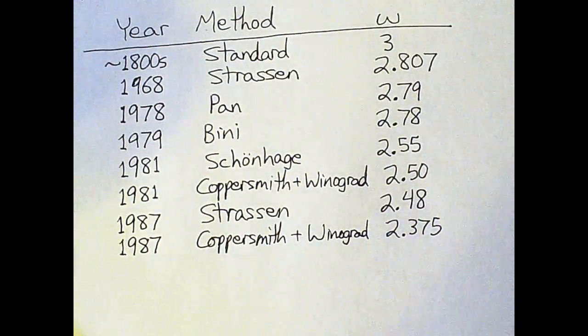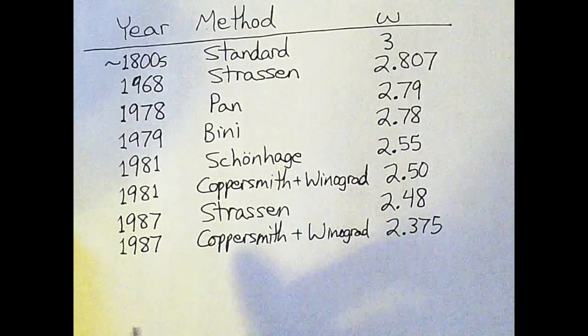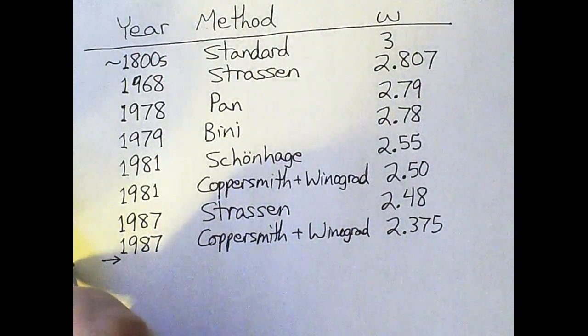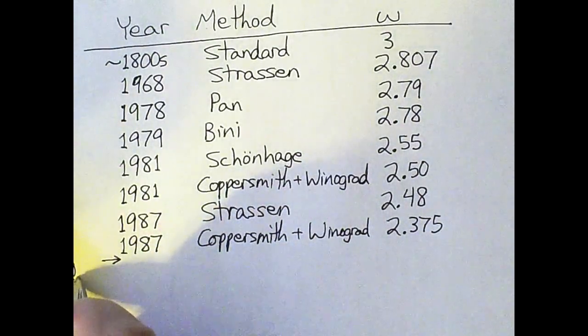This Coppersmith and Vinograd algorithm was considered to be the best for a long time. And what I'm going to show you next is that there is a big jump in time. Big jump.